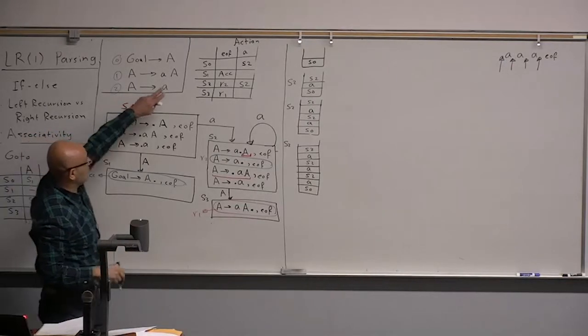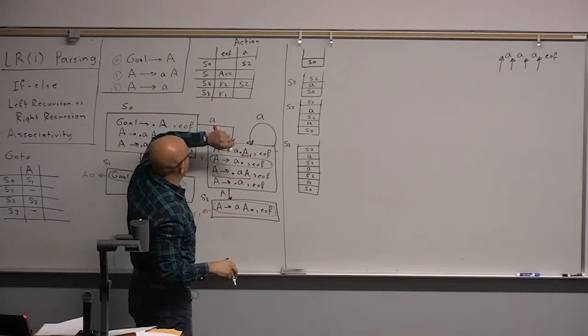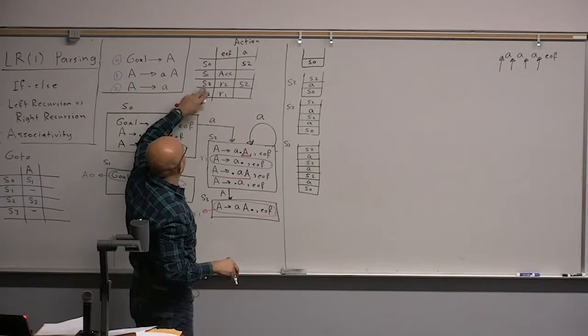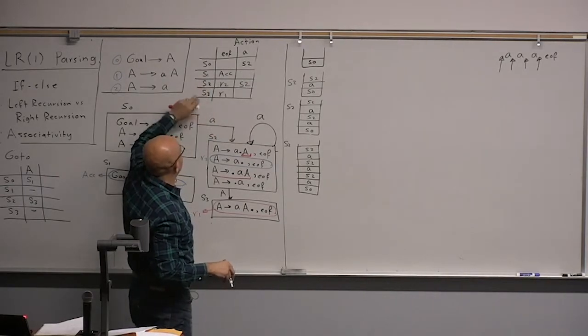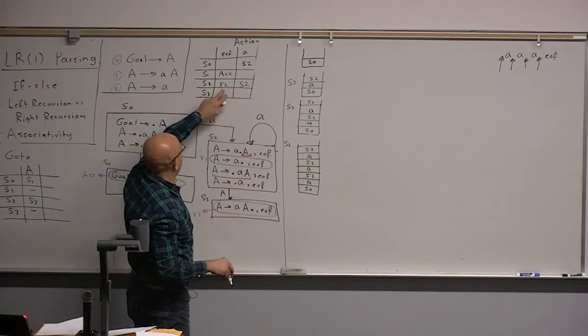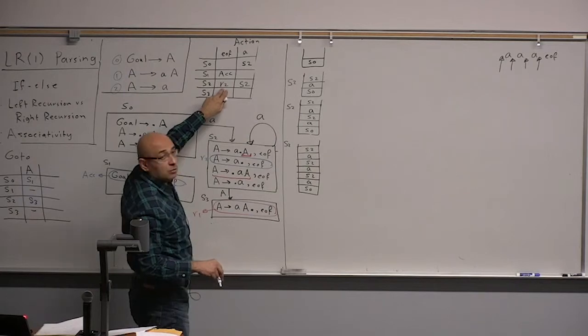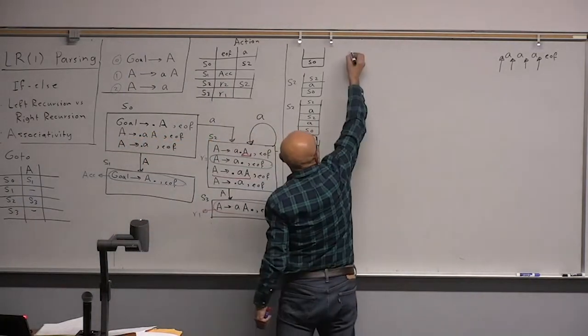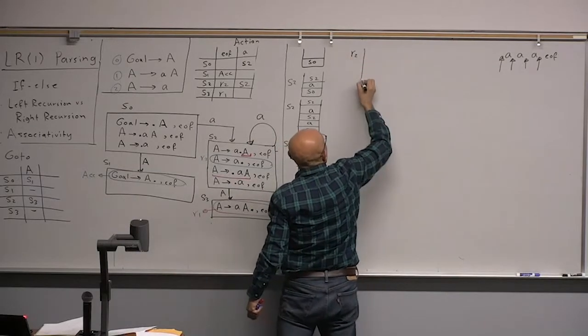Now you look up the action table. I am in S2, and when I was seeing an A, I was shifting. Now when I'm seeing end of file, it tells you to reduce by rule 2. So now you reduce by rule 2.